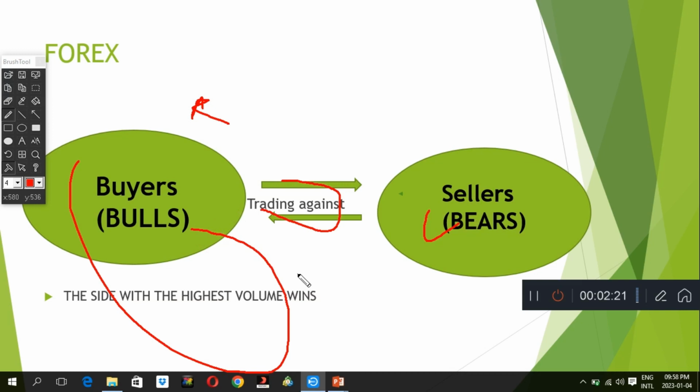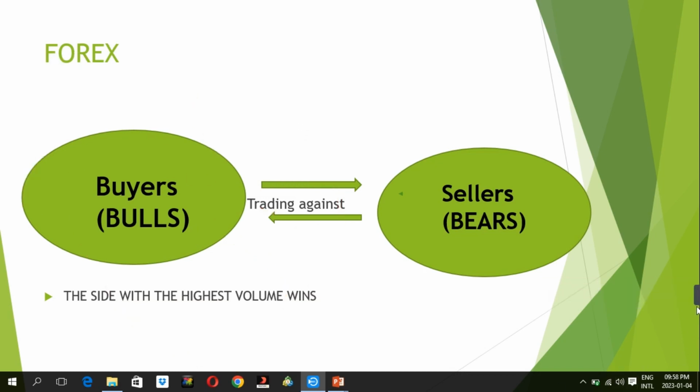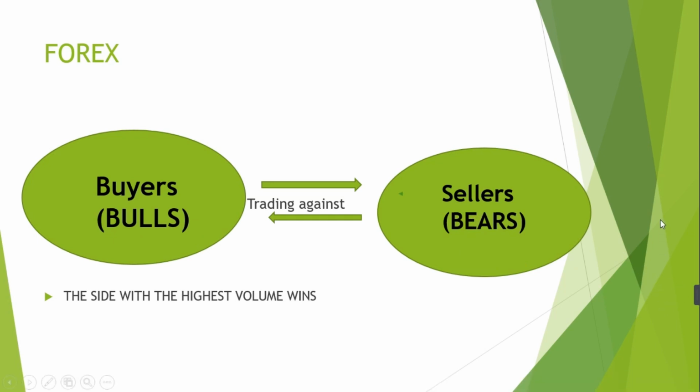Where there are the most people, where the larger money is, that side wins. So if more people are selling this market, it will go down, and if more people are buying it, it will go up. So whichever side has the most volume, the largest amount of money, will win, and the market goes in that direction.